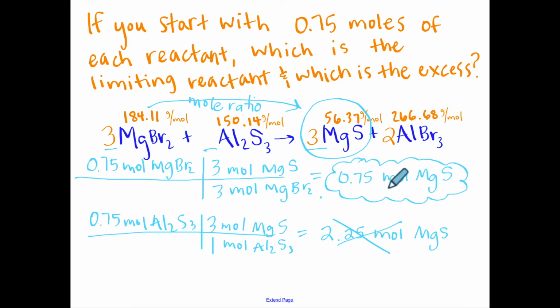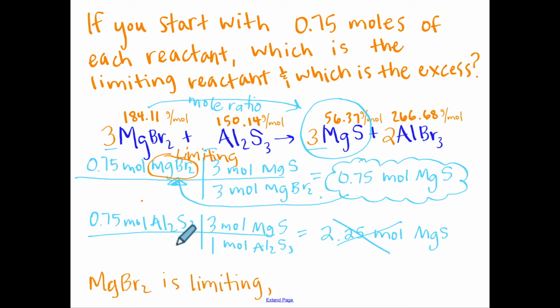The reason I'm putting a cloud around that is because in the next lesson, when we are doing a little more complex problems, we are going to be using this number as our starting point for a lot of different things. However, to find out which is the limiting reactant, we just come back to the reactant that gave us the smaller number. So we'll say MgBr2 is limiting.